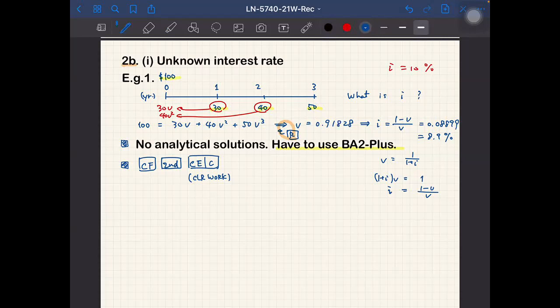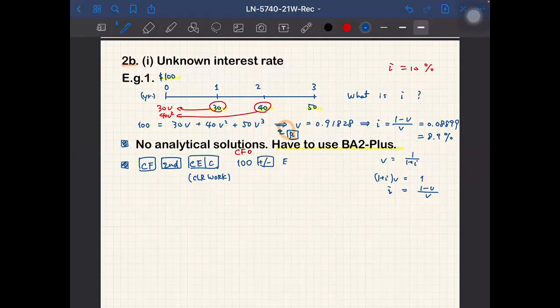Then we have to input this $100. So you type 100. Now the calculator is showing CF0, cash flow at time 0. So you input 100. And again, this is a cash outflow, so we have to put a negative sign. So you type the plus-minus button at the bottom to make the cash flow negative 100.